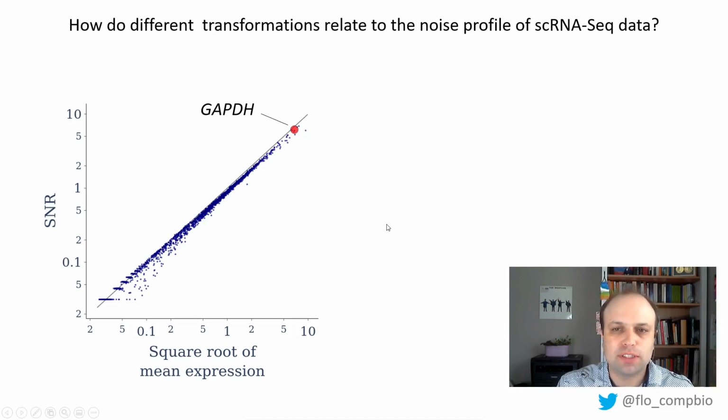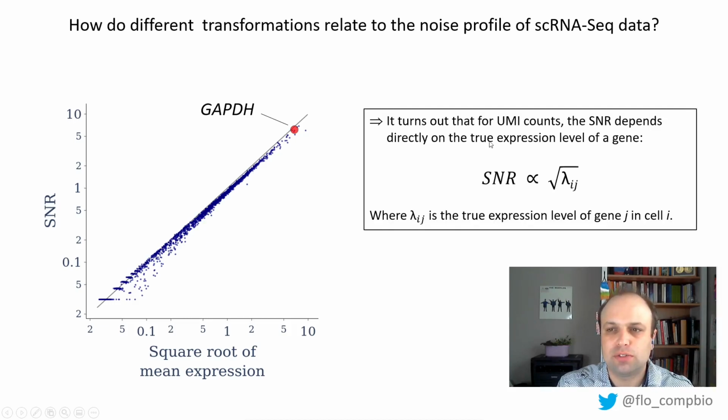What that means is that for UMI counts, the signal-to-noise ratio depends directly on the square root of the true expression level of a gene. It's directly proportional to the square root of the true expression level, lambda ij here. This is true for all single-cell RNA-seq data, roughly.